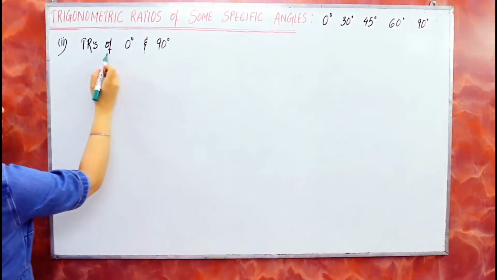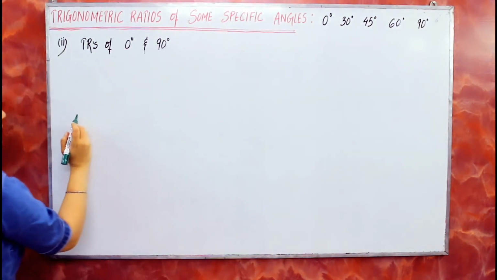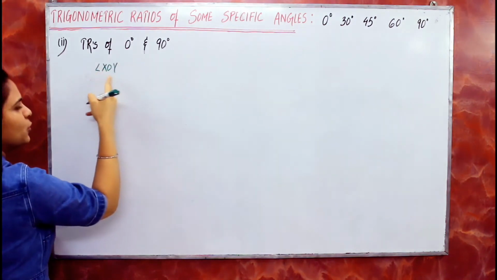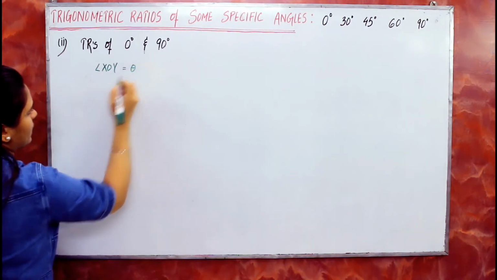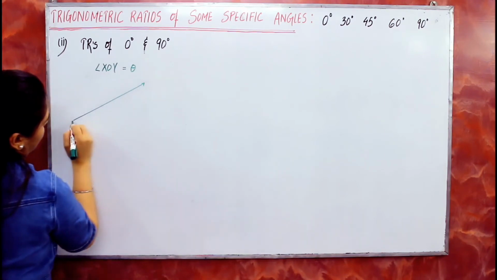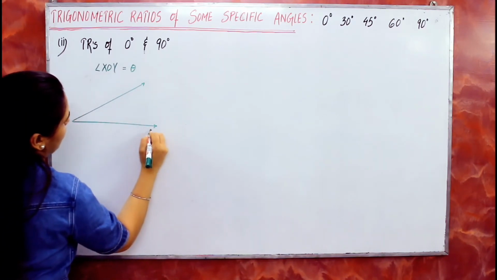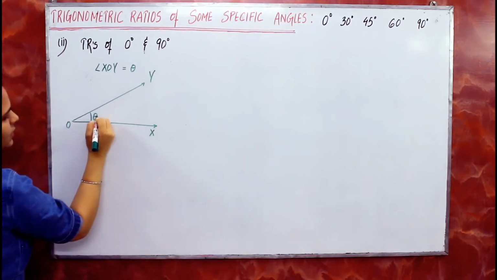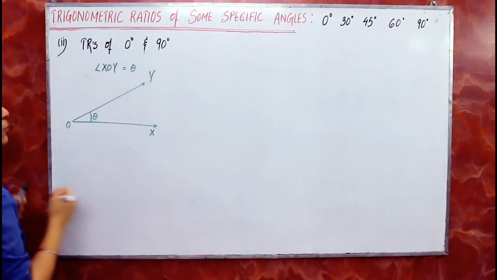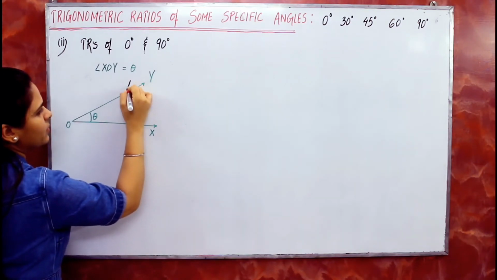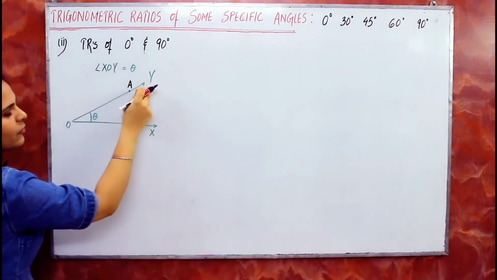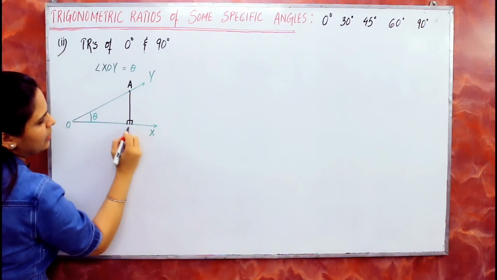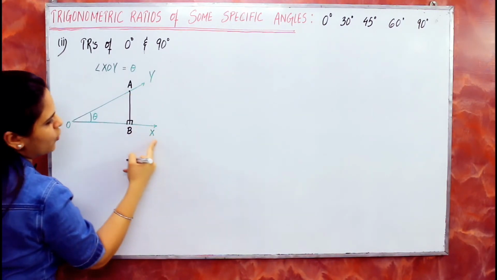Trigonometric ratios of 0 degrees and 90 degrees. So let angle XOY be an acute angle equal to theta. You can see it's an acute angle XOY equal to theta. Let there be any point A on its terminal side OY. From there I'll drop a perpendicular AB on side OX.